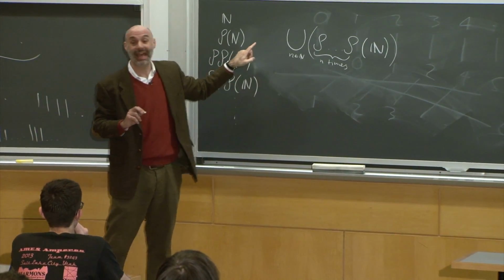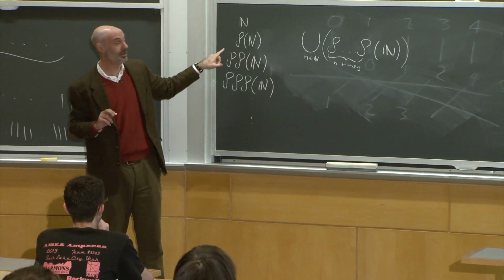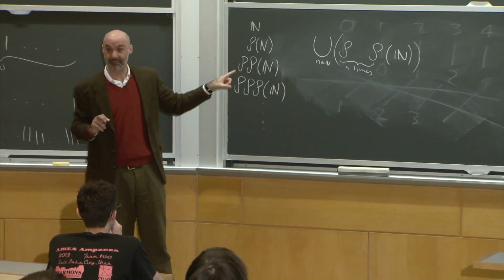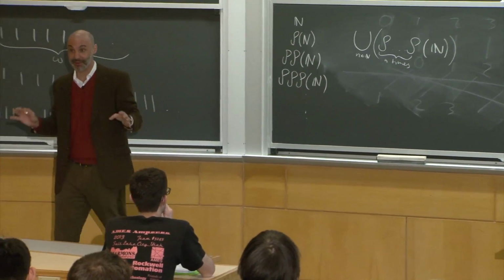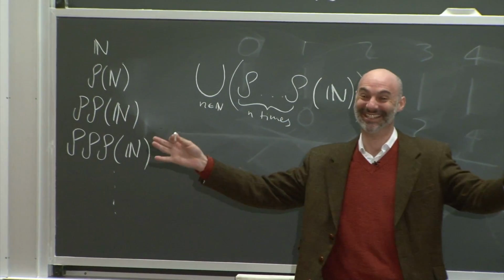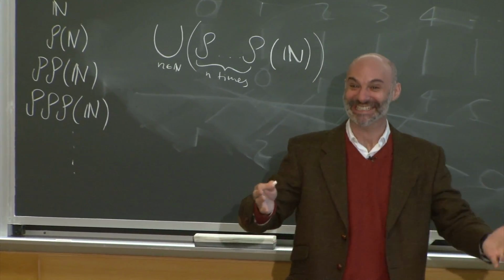This set has to be bigger than any of those. Who can give me a proof? Hint, it's very easy. So take any set in your original one, then the power set of that is contained in the union. Yes, that's right, exactly.